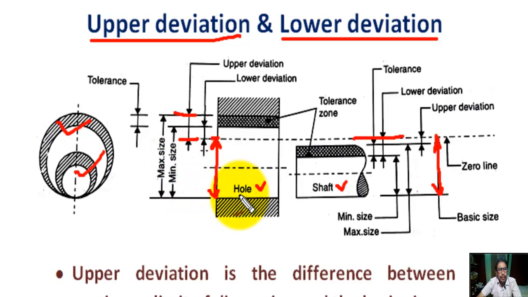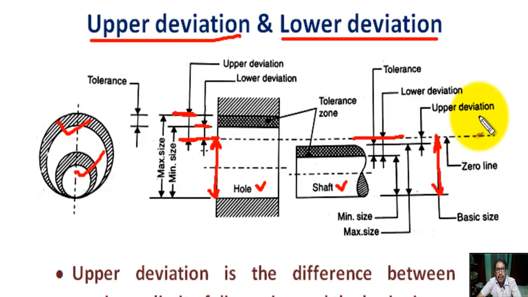Upper deviation for hole, this is the maximum size for hole minus basic size of hole. Lower deviation of hole, this is the minimum size for hole minus basic size of hole.